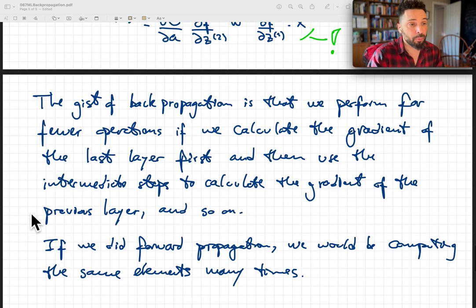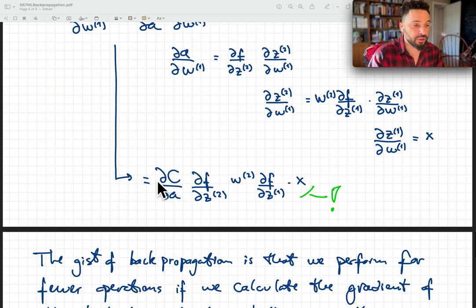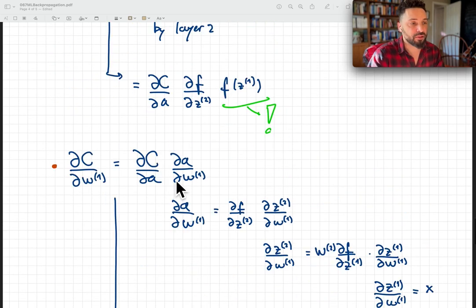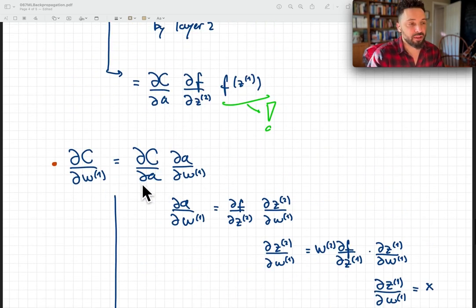If we were to do forward propagation, imagine if we were to calculate this first, then all these results would basically be calculated once, and you would have this answer, and then now you're going to need this. By the time you want to access that, it's already been used in all this stuff. So you have to recalculate all this stuff to reuse it here, and so that's not a good idea.